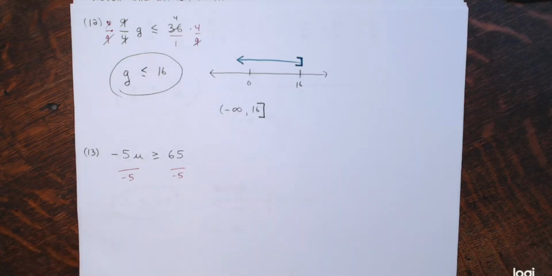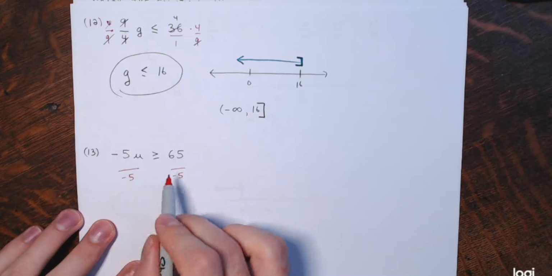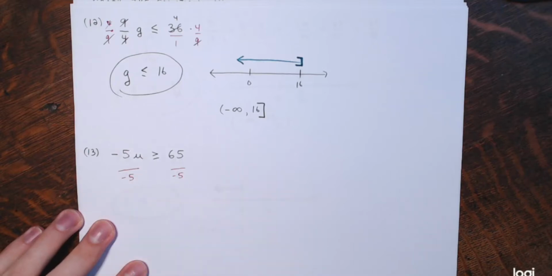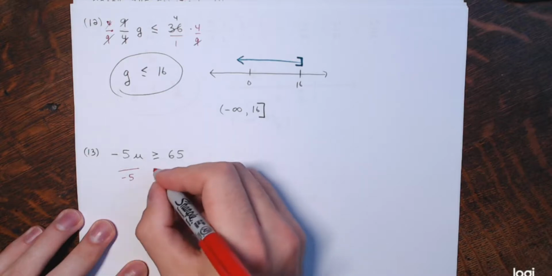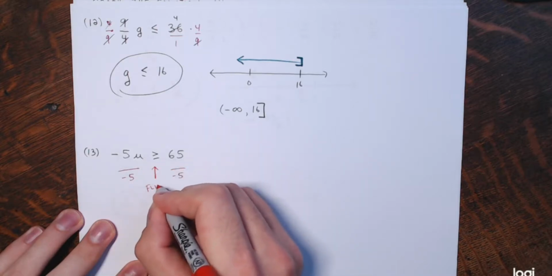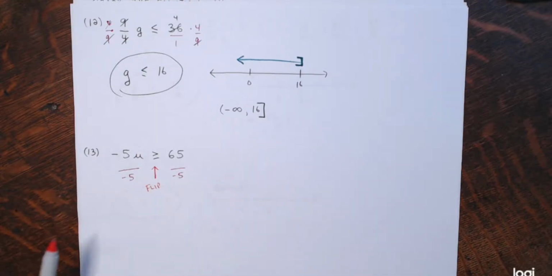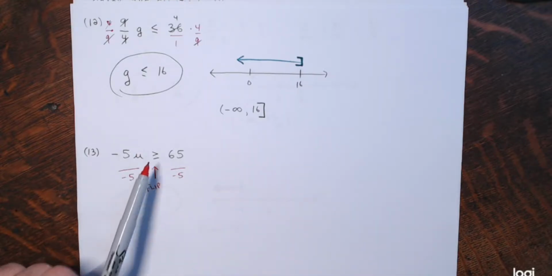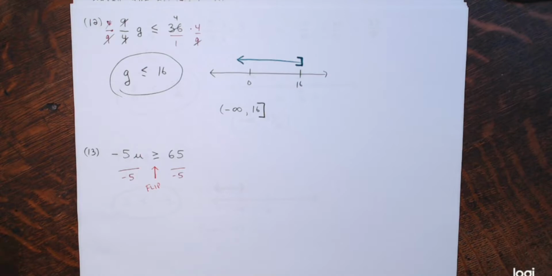Now, as I mentioned at the very top of the video, and it's only for multiplication or division, when you multiply or divide both sides of an inequality by a negative number, that is going to flip the inequality symbol. So this is greater than or equal to will become is less than or equal to.